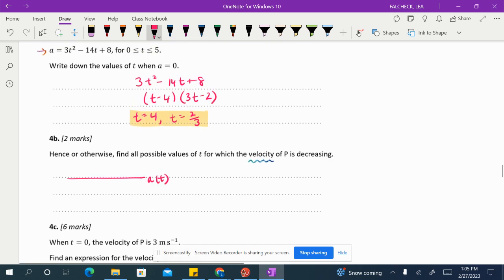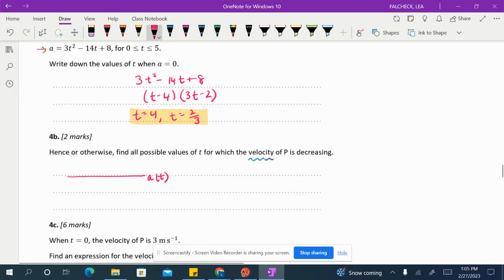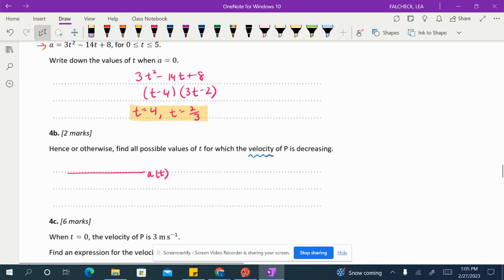So this is going to be an upward facing parabola. We have roots at 2/3 and 4. And since these are the zeros, this part's going to be below the x-axis. This part's going to be positive.